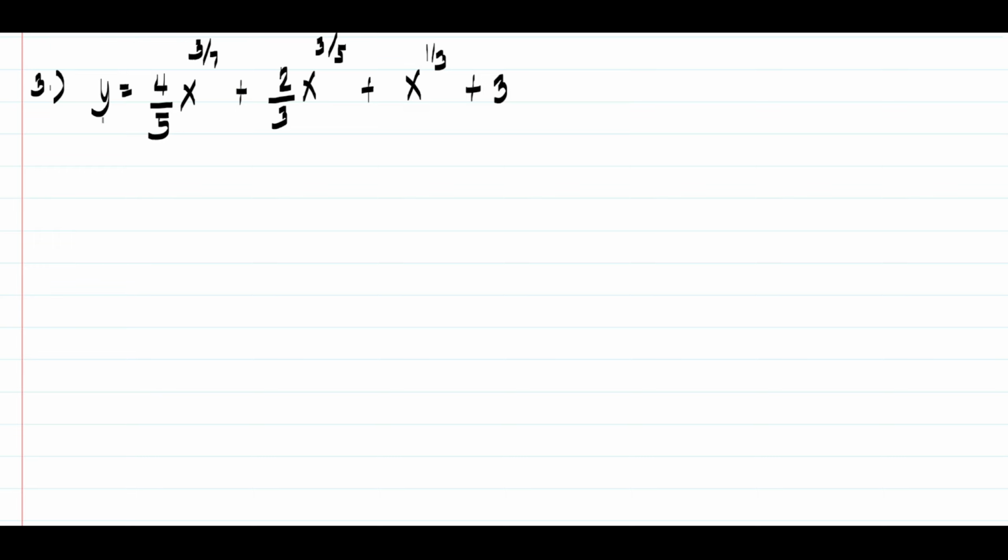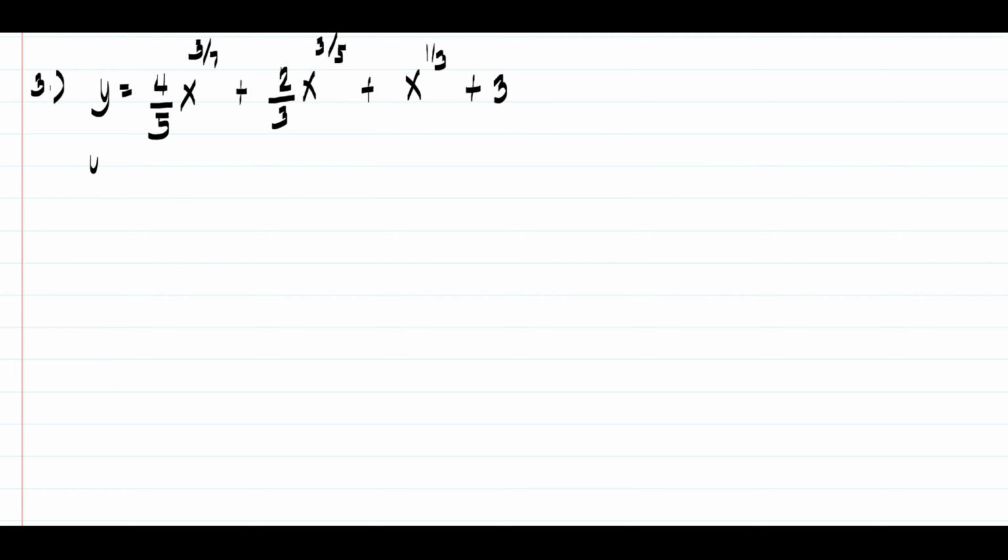On example number 3, y equals 4 over 5 x raised to 3 over 7 plus 2 over 3 x raised to 3 over 5 plus x raised to 1/3 plus 3. So let us find the derivative of the given function.